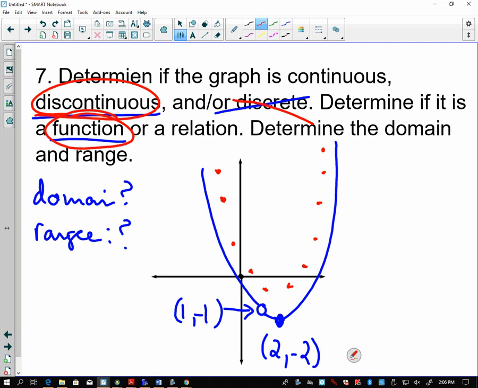What does domain refer to? The x values. Okay? Does this go on and on and on to the left? Yes. Does it go on and on and on to the right? All right, so we might say something here. I got to actually pull this up so I can see it.